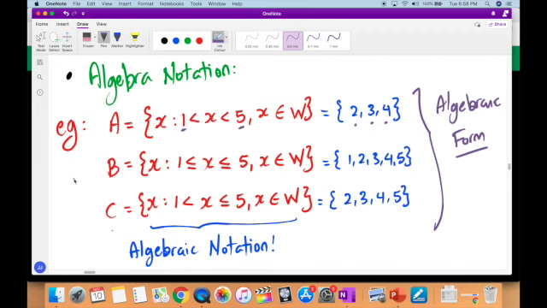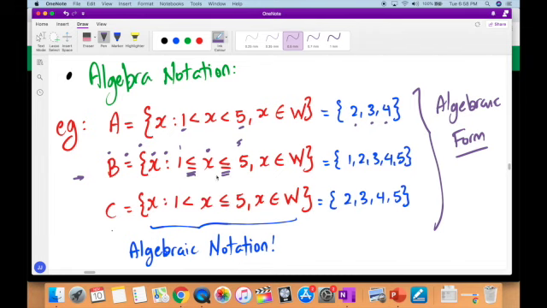If we look at set B, same thing. The set B is the set of numbers such that those numbers lie between 1 and 5. But look, we have less than or equal to.